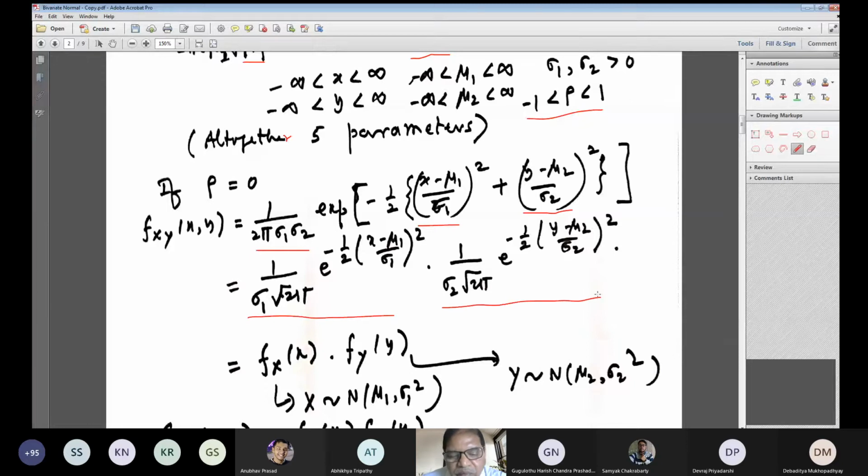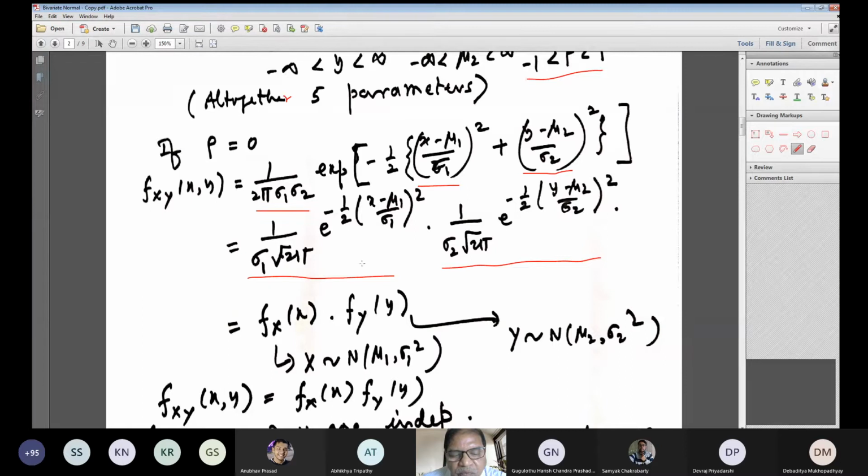So basically what we have got is the product of the two marginals, one represented by x and another by y. This is the density function of x and this is the density function of y.